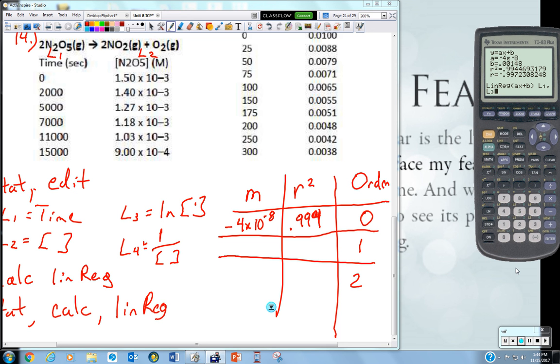All right, so you'll use L1 and L3 this time.